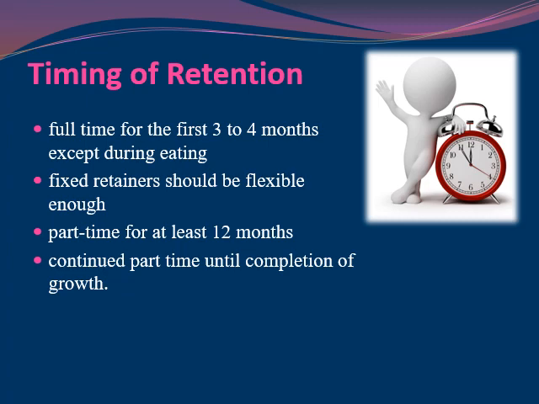The patient should wear the removable retainer for the first 4 to 6 months full time, which means 24 hours, removing it only during eating, and then part-time wear during sleeping at night for at least 12 months. So the patient must use the removable retainer for the first 4 to 6 months for 24 hours, removing it only while eating, and afterwards wears it only during sleep at night for 1 year.